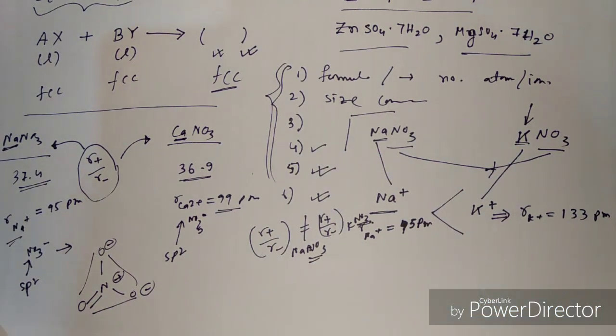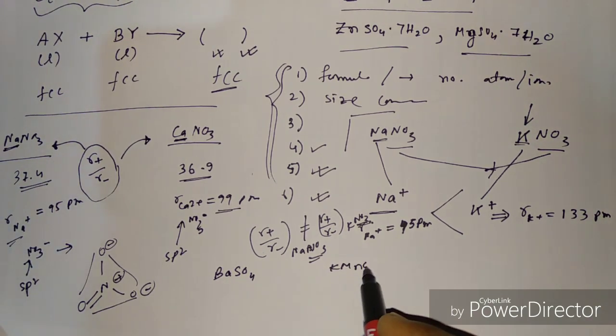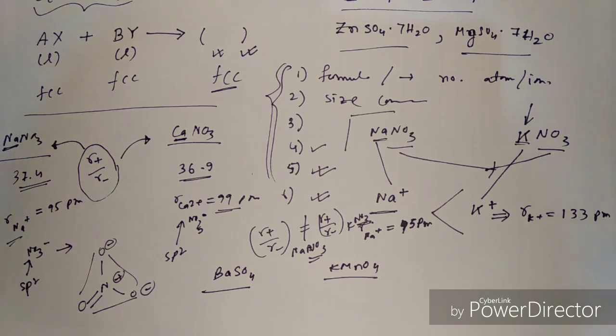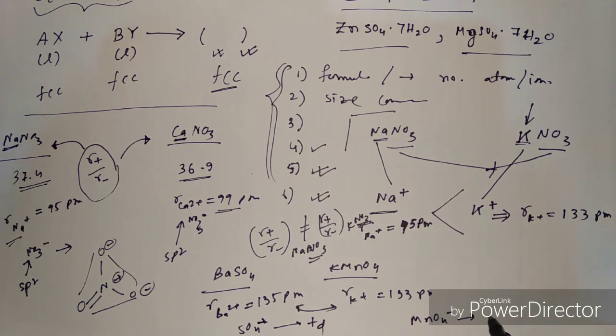Okay. So now taking another example, but quite different. Say BaSO4 and KMnO4. Okay. The radius of Ba2 plus is 135 pm. The radius of K plus is 133 pm. Both are quite similar. SO4 shows a tetrahedral structure. MnO4 minus shows a tetrahedral structure.